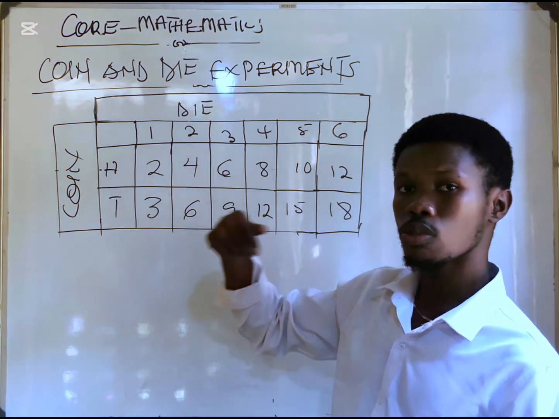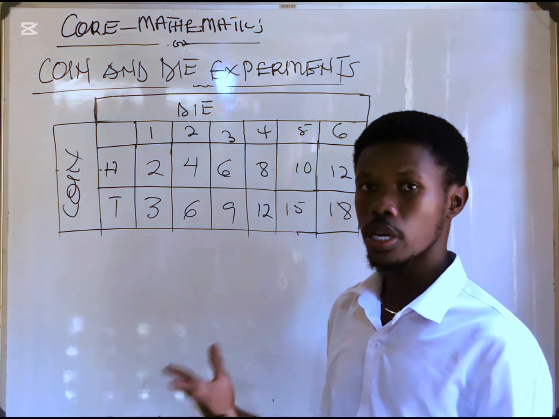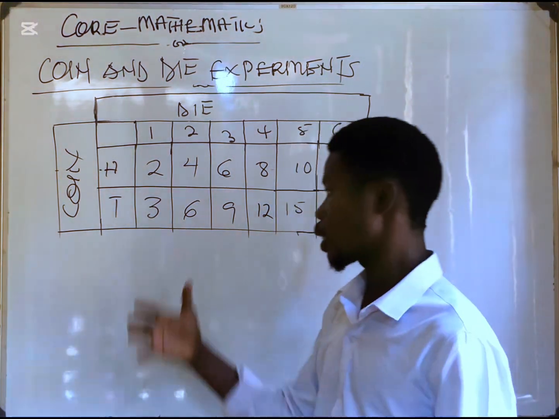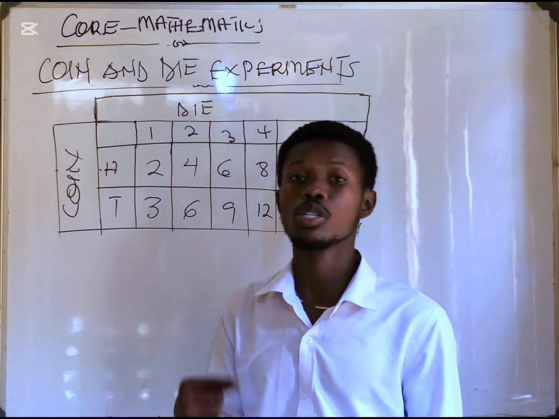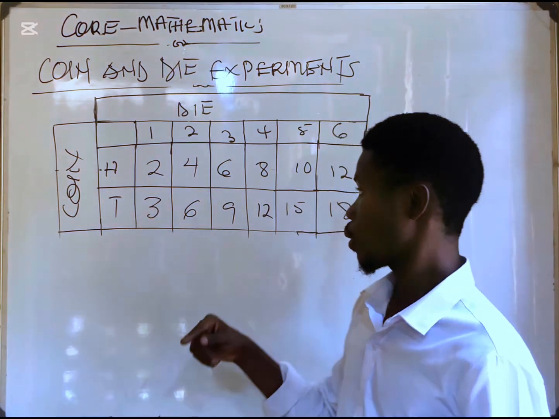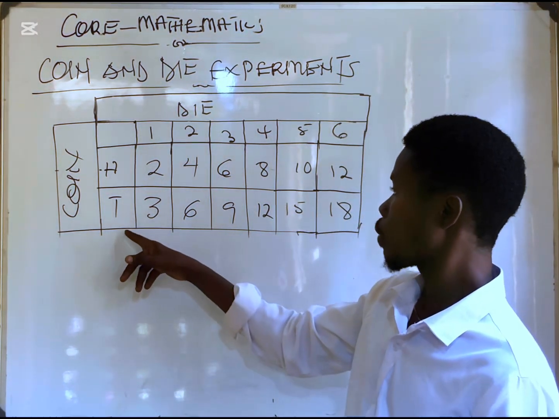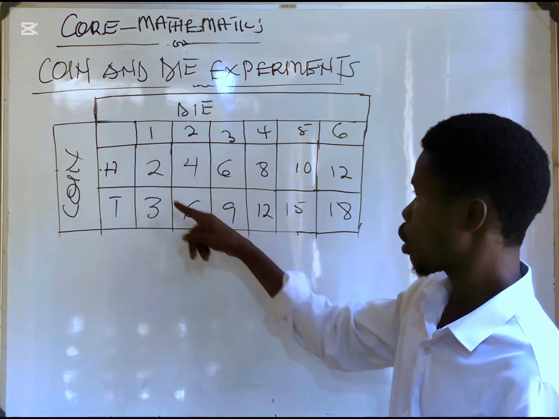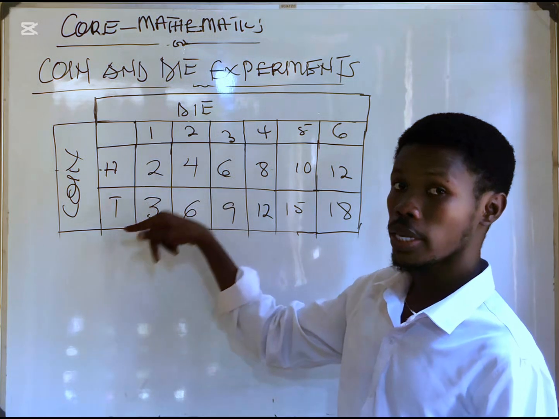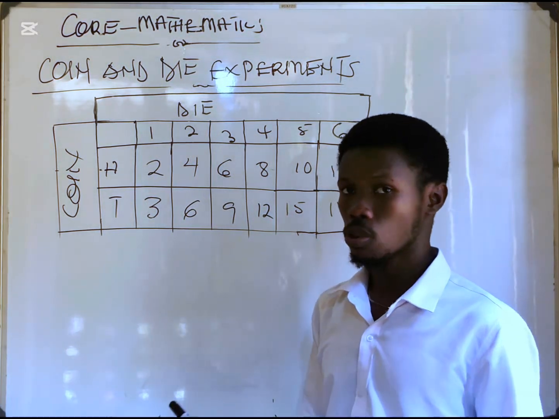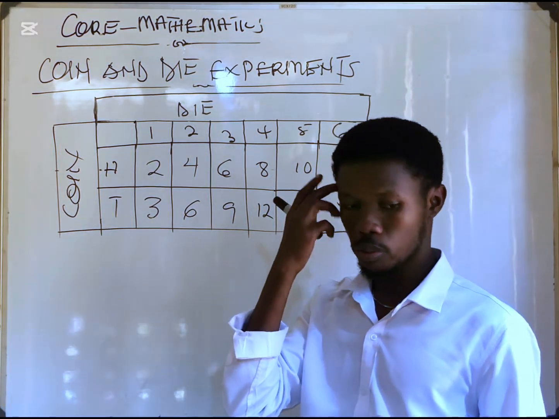In case 2 lands on the head, that will be 2 times 2, you get 4. The same thing applies to the tail. When the die lands, let's say 1 lands on the tail, you get 3, because 3 times 1. When let's say 4 lands on the tail, you get 12, because 3 times 4 is 12. That's what we are talking about.